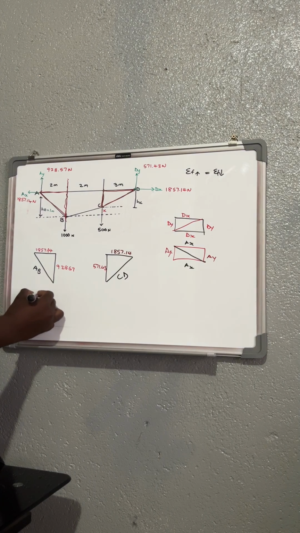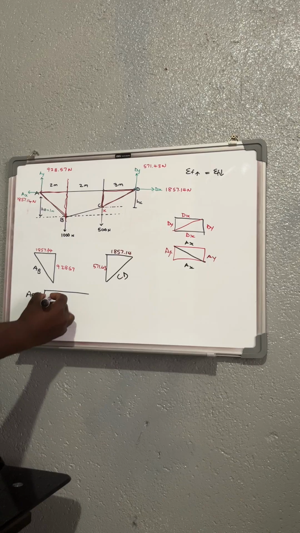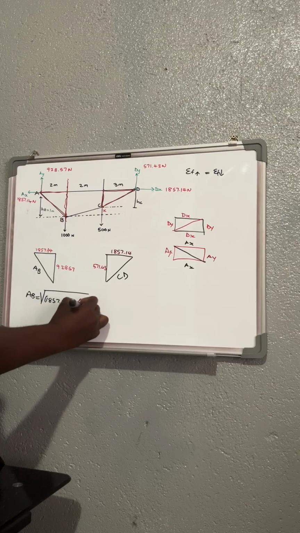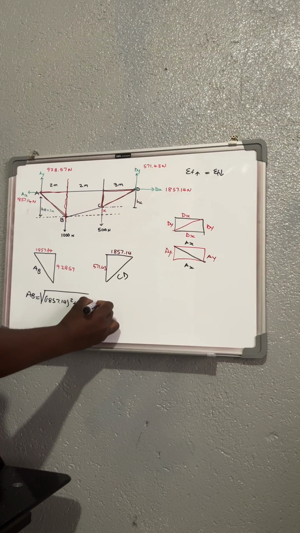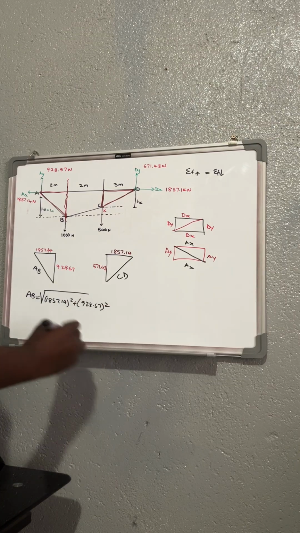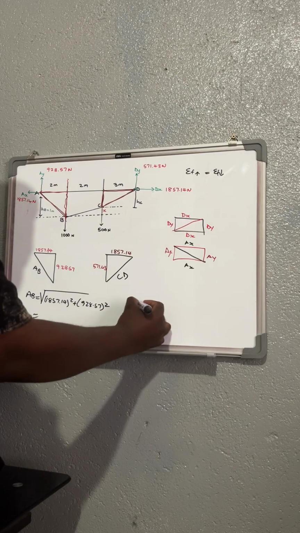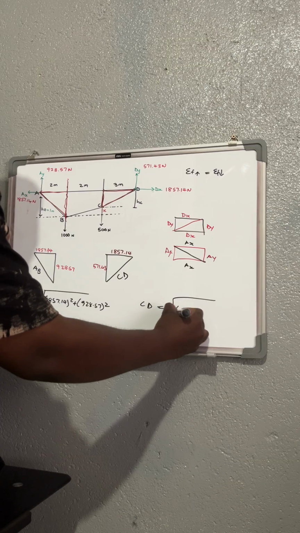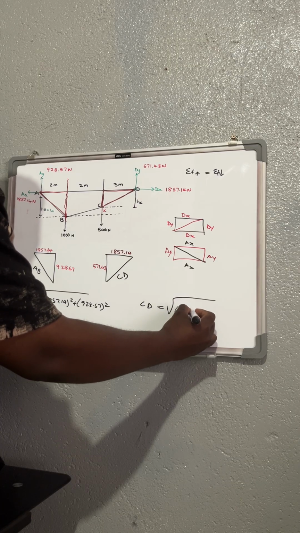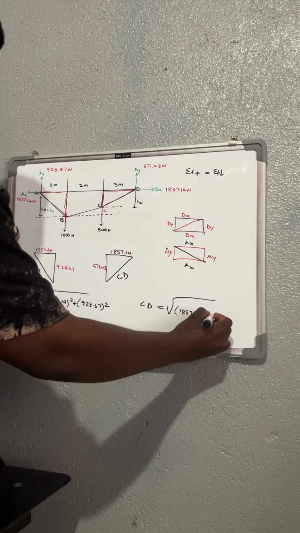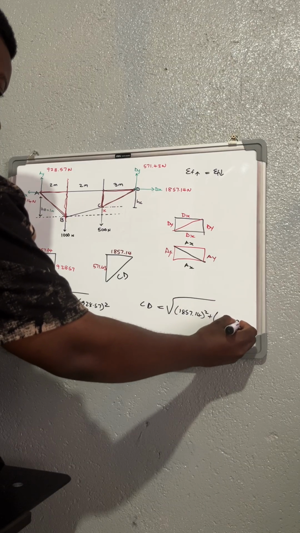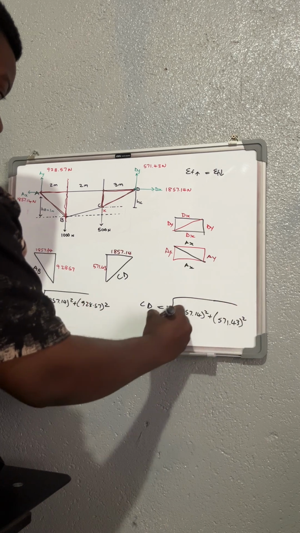You will say you have your AB is equals to your square root of 1857.14 all squared plus your 928.57 all squared. Then this side you will still say your CD equals to your square root of 1857.14 all squared plus your 571.43 all squared.